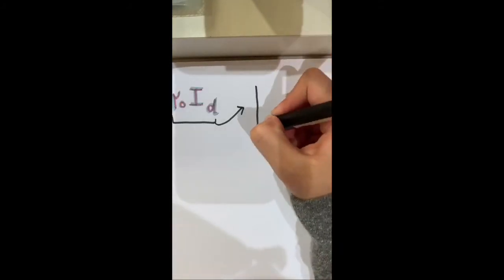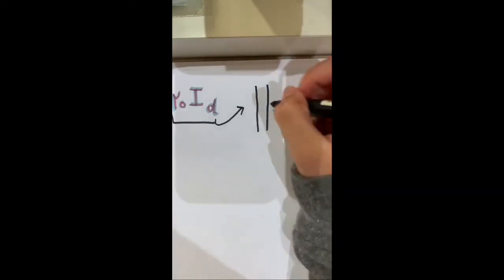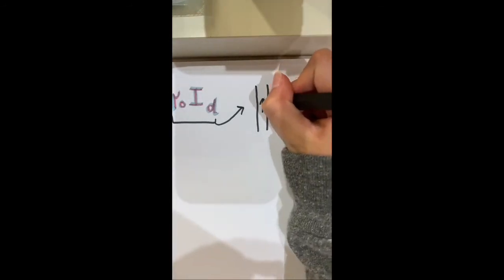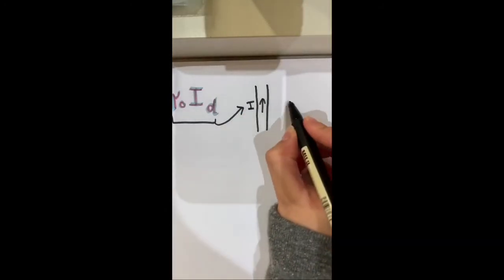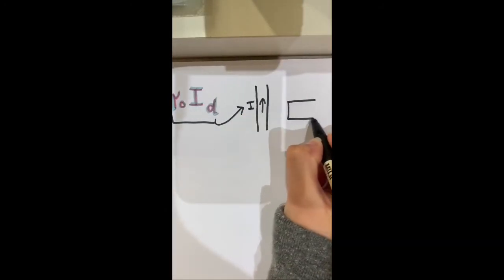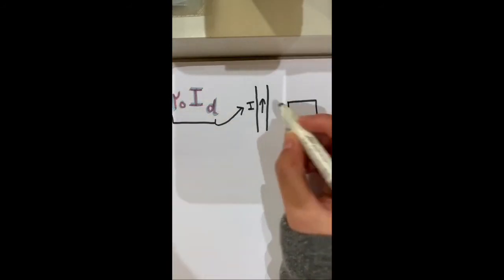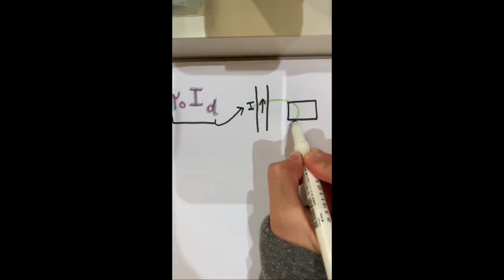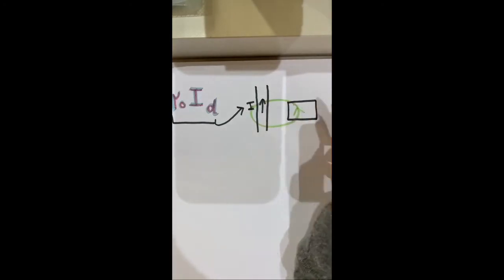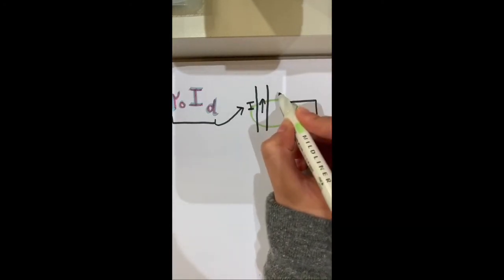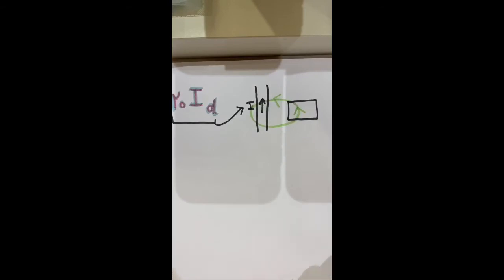Let's check it out. Let's assume we have a wire, and this wire has a current I moving through it. And let's assume we have a loop beside it. We know that definitely there will be a magnetic field around the wire, and this is the direction of the magnetic field. So since we have a magnetic field, that means definitely we will have induced current.